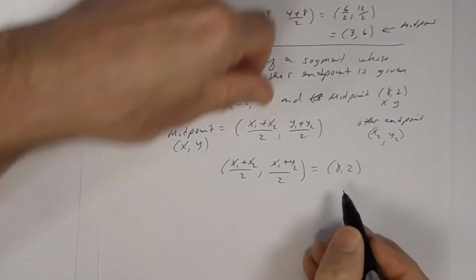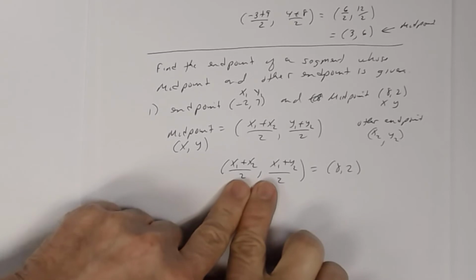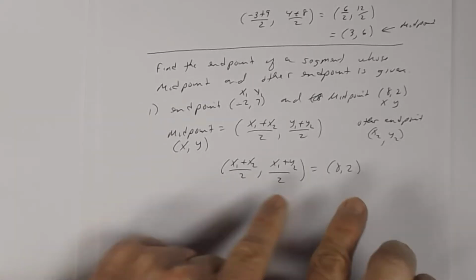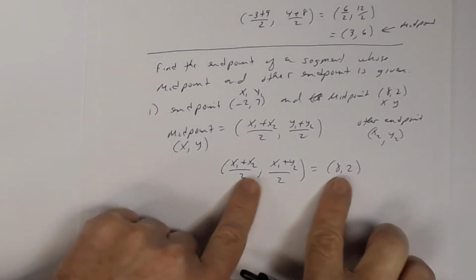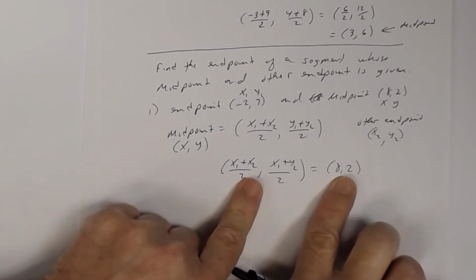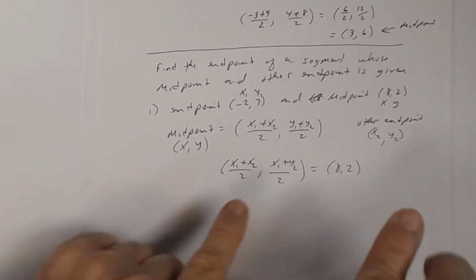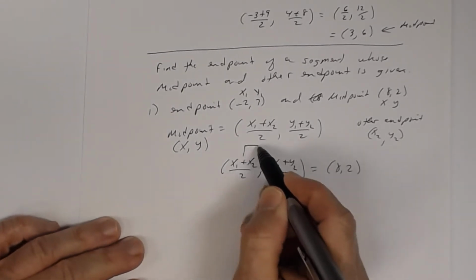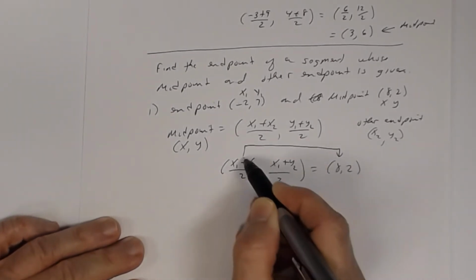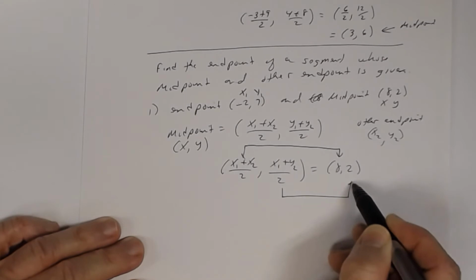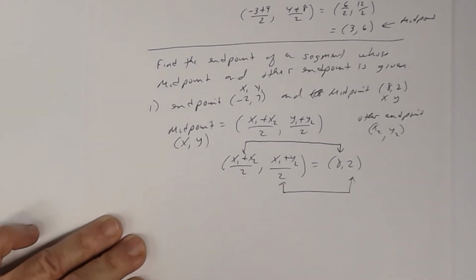Do you agree that this is the midpoint formula and that's the midpoint? So you have two points that are equal to each other. That means that the x coordinates have to be equal and the y coordinates have to be equal.